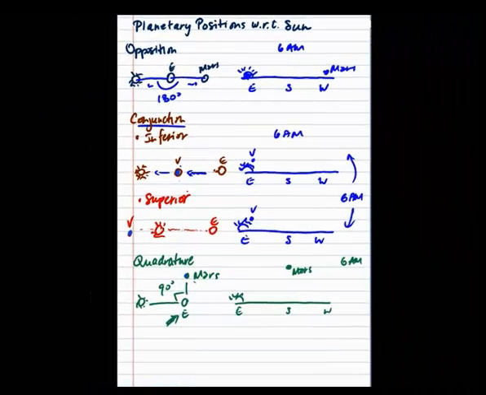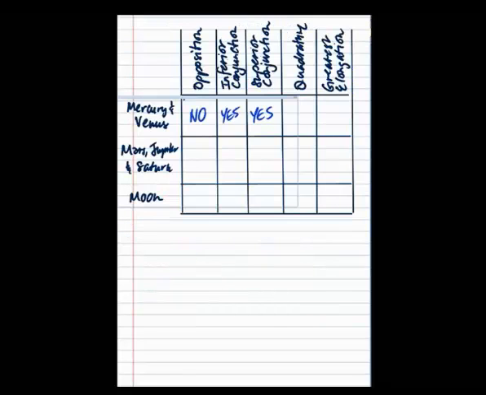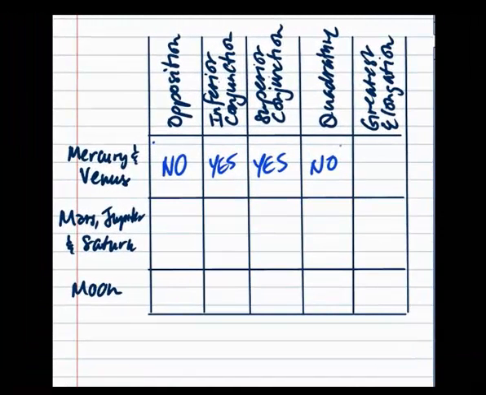Can Mercury and Venus ever be up here? We already talked about that actually, and the answer is no. But can Mercury and Venus be in greatest elongation? The answer there is yes. For example, we found out that for Venus it was around 46, 47 degrees. So the answer is a definite yes.